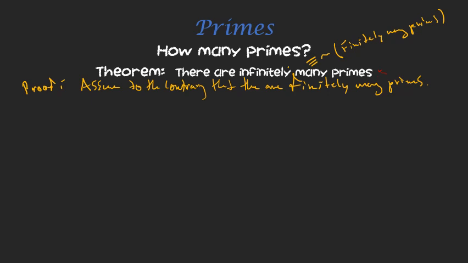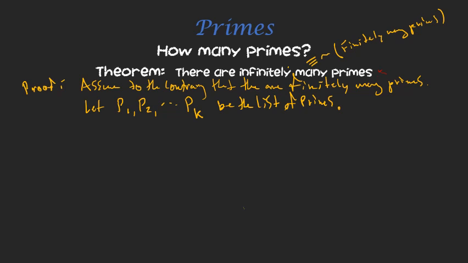Then there must be some finite list of primes. So let p1, p2, up through, let's say there's a total of k primes, be the list of primes. This seems silly, but this is how contradiction works. It's something that seems so obvious, and if you assume the opposite of it, you get a lot of leverage. So if there are finitely many primes, there's some finite list p1 through pk, and every single prime appears on that list.